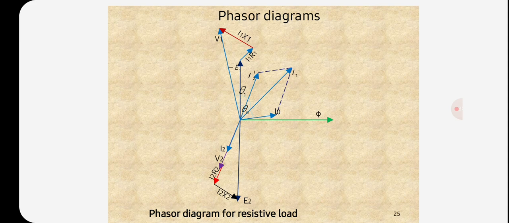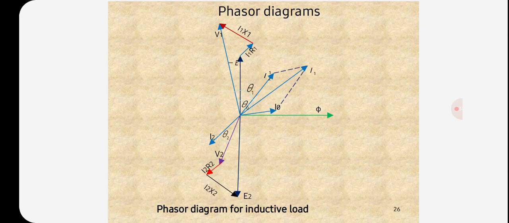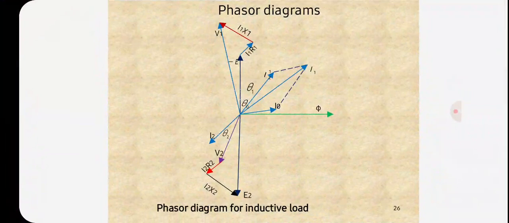So this is the phasor diagram for resistive load, and next is the phasor diagram for inductive load. Here also the reference on the x-axis is flux phi, and it has the no load current I naught and I2 dash, the secondary current referred to primary, and the resultant is the I1 current, and the I2 current is in the opposite direction to I2 dash.